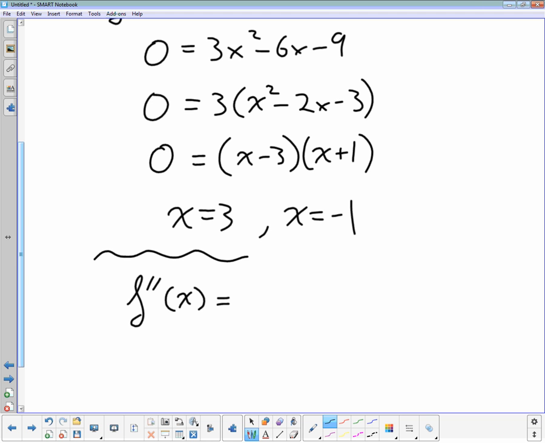Now, you can, if you want, take a derivative of that, but you can just as easily take a derivative with the GCF removed, since you're setting it to 0 anyway.